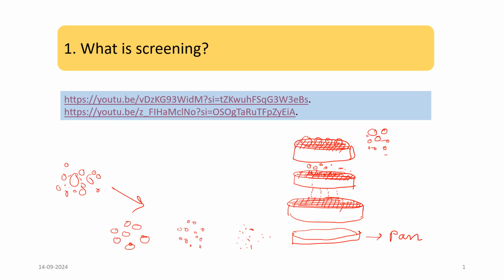Suppose we are considering this screen and the particles have passed. That means the fine particles have passed, so this is the limiting screen for fine particles.